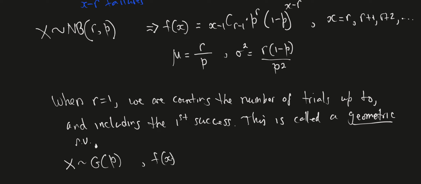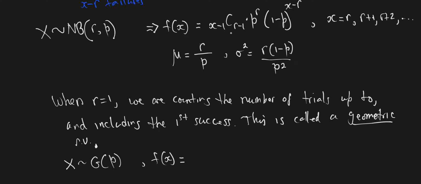And the PMF. Now, if R is equal to 1, then it means you're choosing, out of x minus 1 things, 0 things. If you express that in terms of factorials, you'll see that it will always be 1.